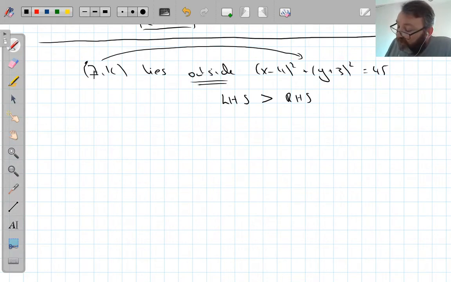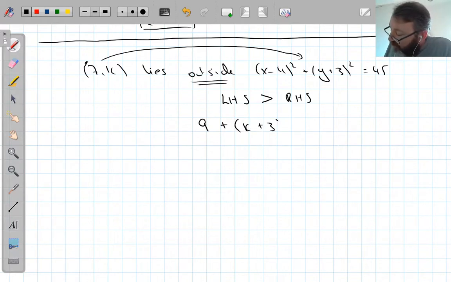So in this case, I'm going to put 7 in for x. 7 minus 4 is 3. 3 squared, 9. Plus, k is going to go in for y. So there's nothing much I can do there. It stays (k plus 3) squared. And that's equal to 45. Or I should say it's greater than, isn't it? Because we're dealing with an inequality. So it's greater than 45.